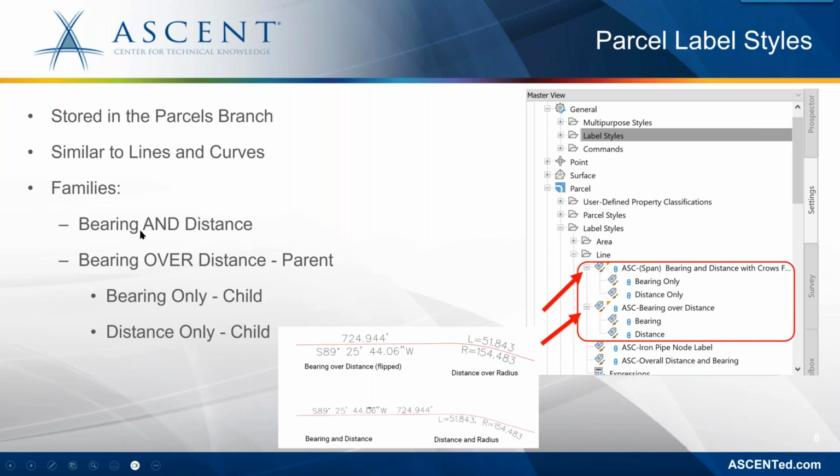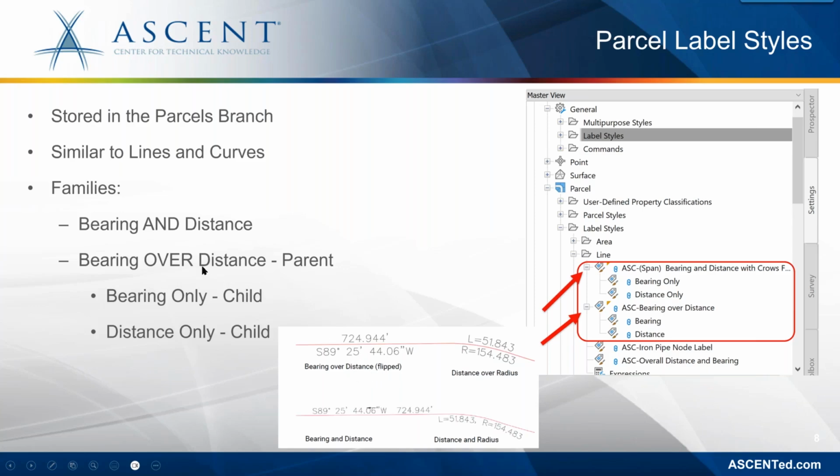You notice we have bearing and distance, which means that both the bearing and the distance are on the same line, or we have bearing over distance, which means that by default, the bearing is on top and the distance is on the bottom, but we can always flip those. And you see in this example here, we have bearing over distance, but it is flipped so that the distance is on top and the bearing is on the bottom.